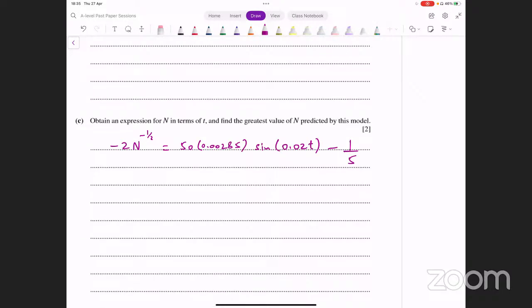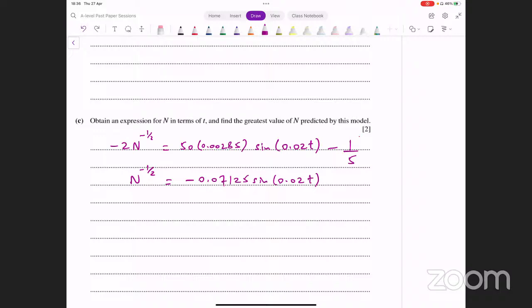Let's think about that. अच्छा, let's simplify this first of all. इस 2 को जाके ना मैं right side पे divide कर रहा हूँ. ठीक है, 2 को जाकर राइट पे डिवाइड कर लेते हैं, दैट गिव्स मी n over n raised to power minus 1 over 2, that equals, if I divide 2 on the other side as well and simplify everything there, let's see what we get from that. 50 into 0.00285 divided by minus 2, that gives me minus 0.07125 into sine of 0.02t.